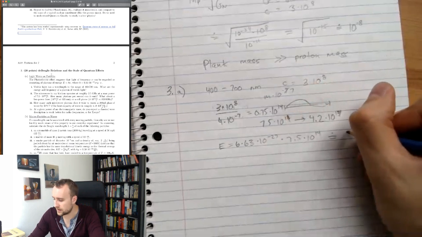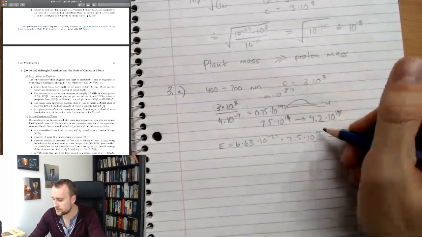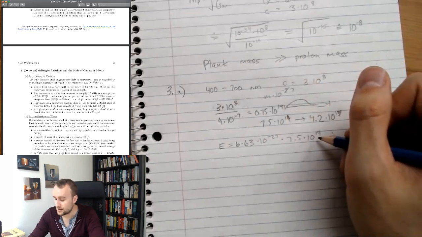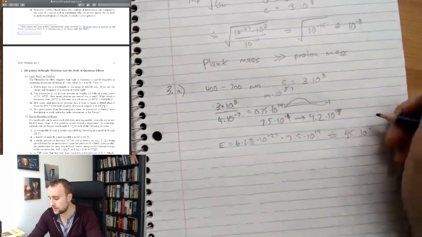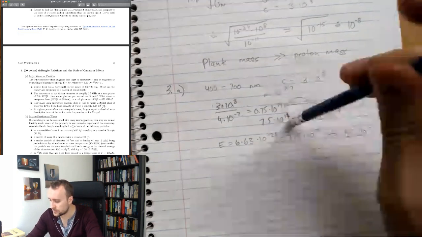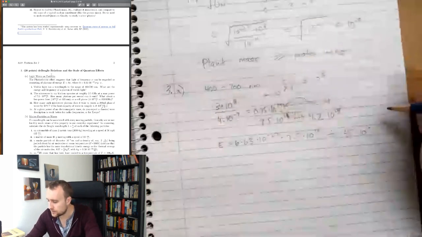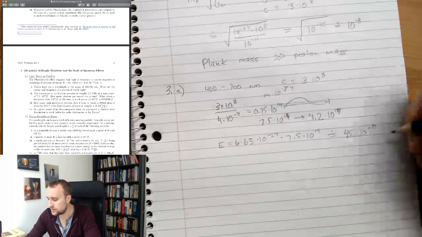That's about 44.5, times 10 to the negative 13.